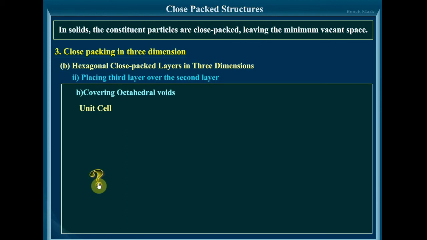Covering the octahedral voids, the unit cell. How is the unit cell? The first layer, the second layer, the third layer, and the fourth layer is the same here. The unit cell you can find here. What type of unit cell is this here?